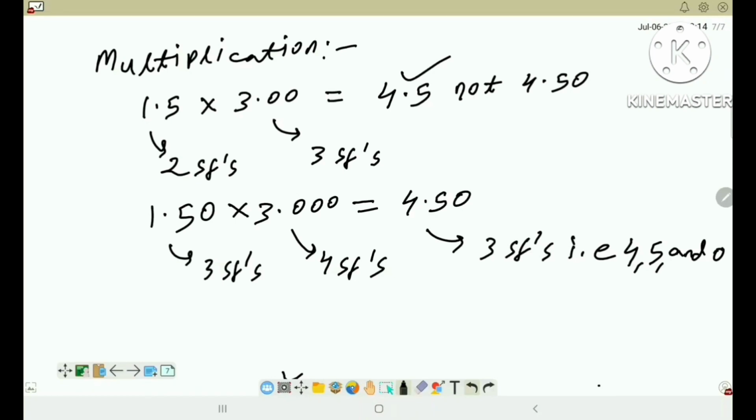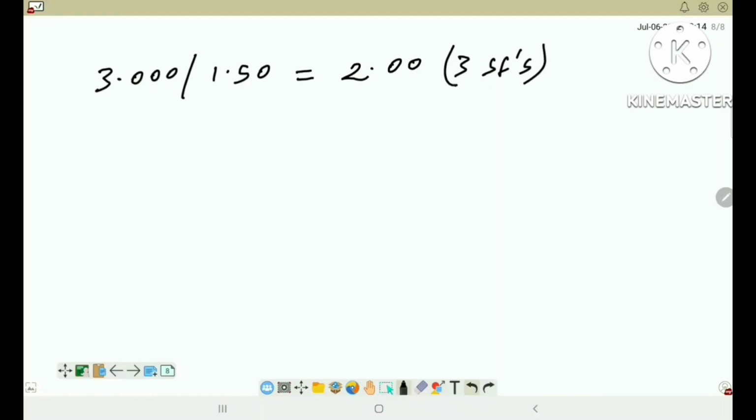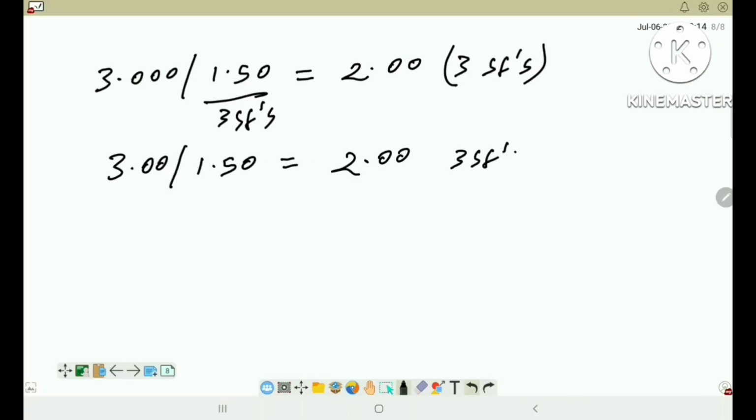Similarly, for division we will follow the same principle. 3.000 divided by 1.50, the final answer is 2.00 with three significant figures, 2, 0 and 0. Because the given number 1.50 has three significant figures.